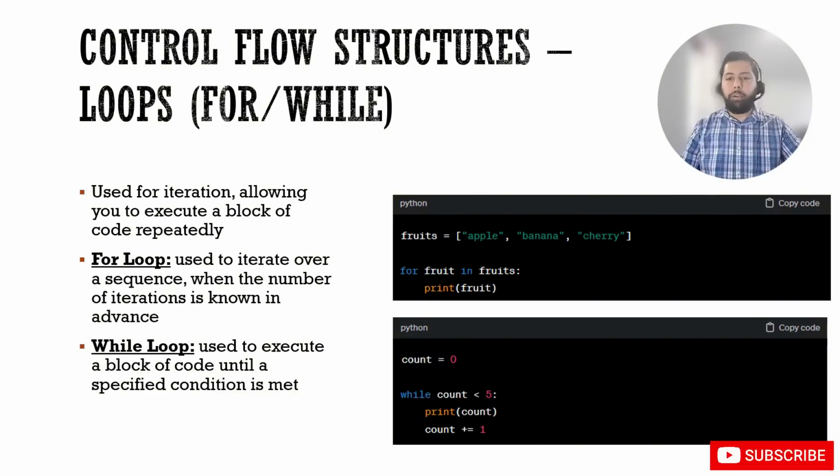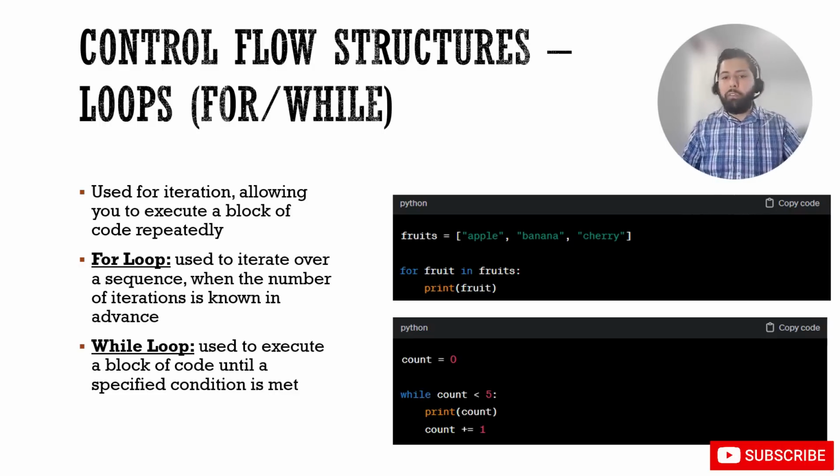Looking at an example here. If you look at the top, here's an example of using the for loop. Here you have fruits, and then a little list here: apple, banana, and cherry. So for fruit in fruits, we're going to talk about loops much more later, but right now I'm just introducing the basic idea, right?